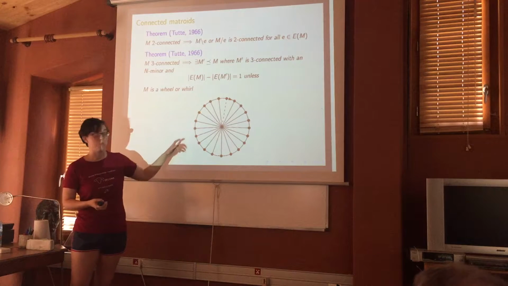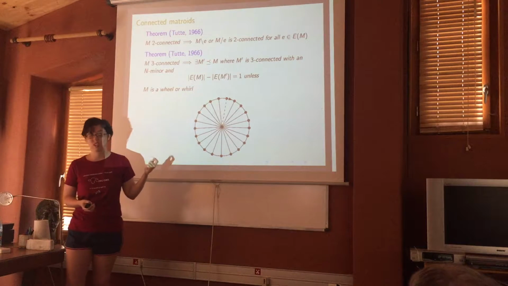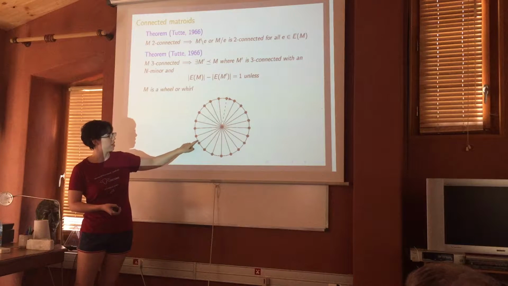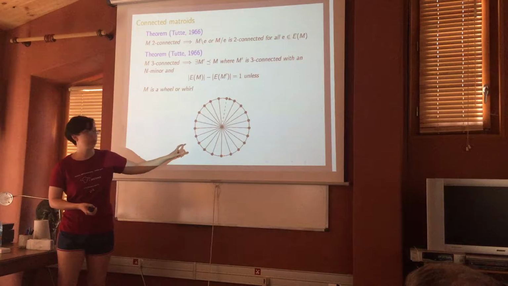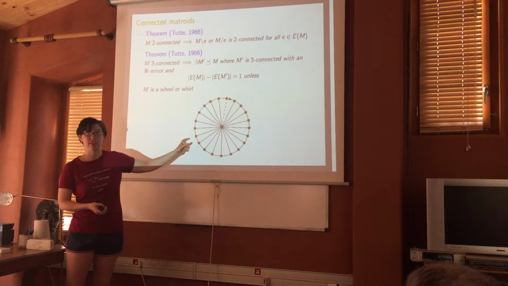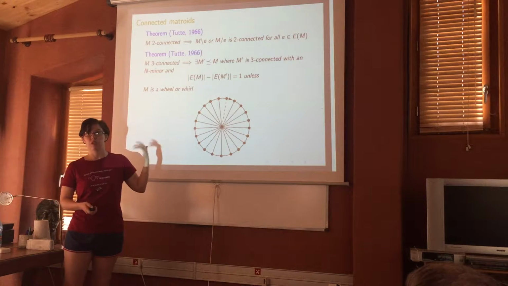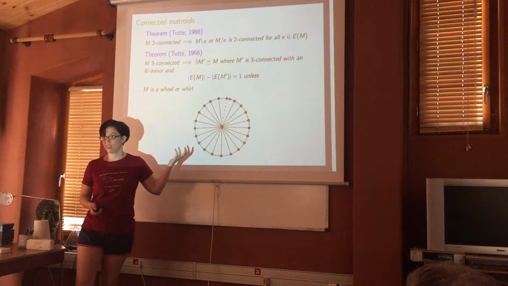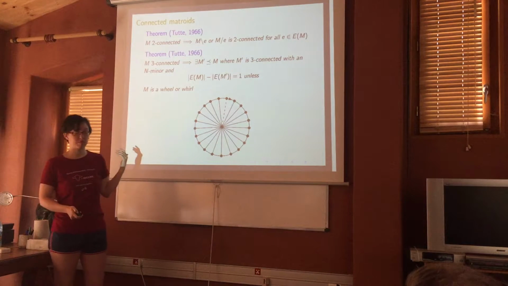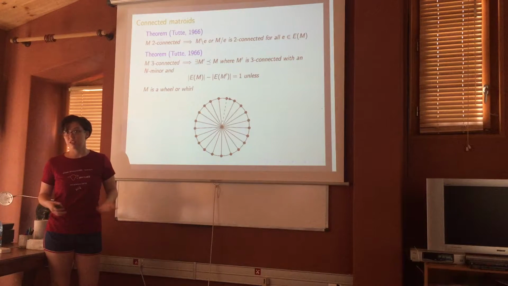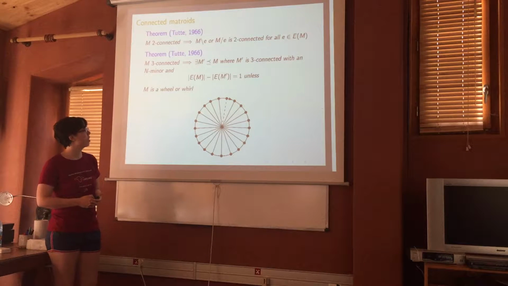So there's no one element contraction that you can do. And as soon as you delete any of these edges, because they all are incident with a vertex of degree 3, you'll create what's called a series pair, and that's also an indication of a two-sum. So there's no one element move you can do to get a 3-connected minor in the case of a wheel. And if you take the outer cycle and you relax it, you get a whirl, and that also has no one element move. And those are the only exceptions.